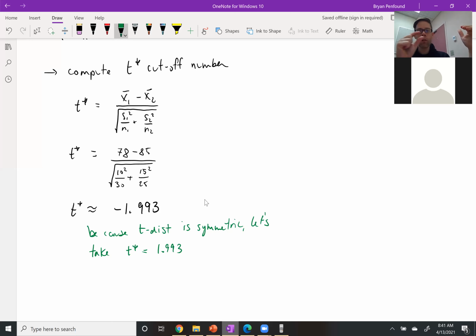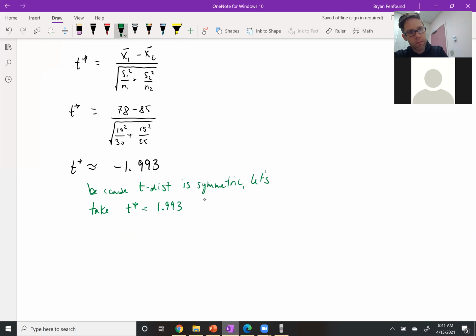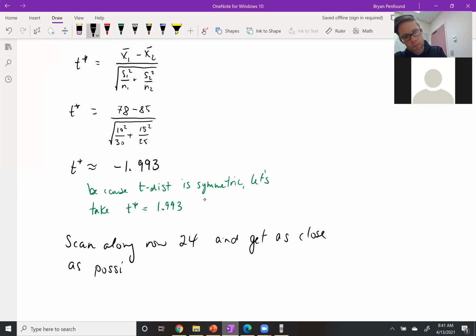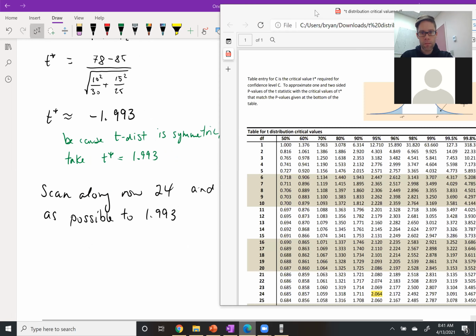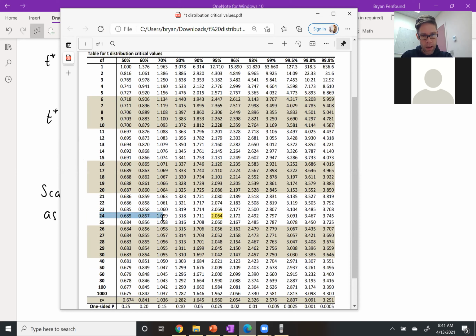We're going to scan along row 24, that's how many degrees of freedom we had, and try to get as close as we can to 1.993.